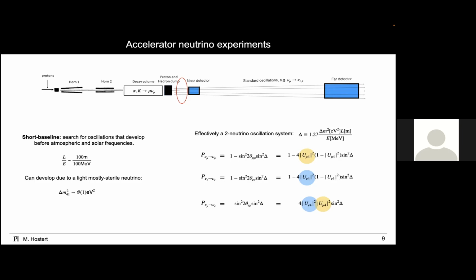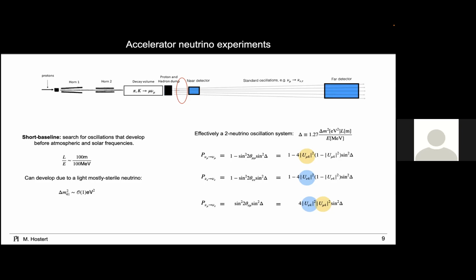One appears in muon disappearance, so the amount of mu-mu's that stay in the beam and don't oscillate to an invisible neutrino. One enters in electron disappearance. And finally, the product of those two mixing elements appears in the appearance probability, which is the transition of one flavor into another.